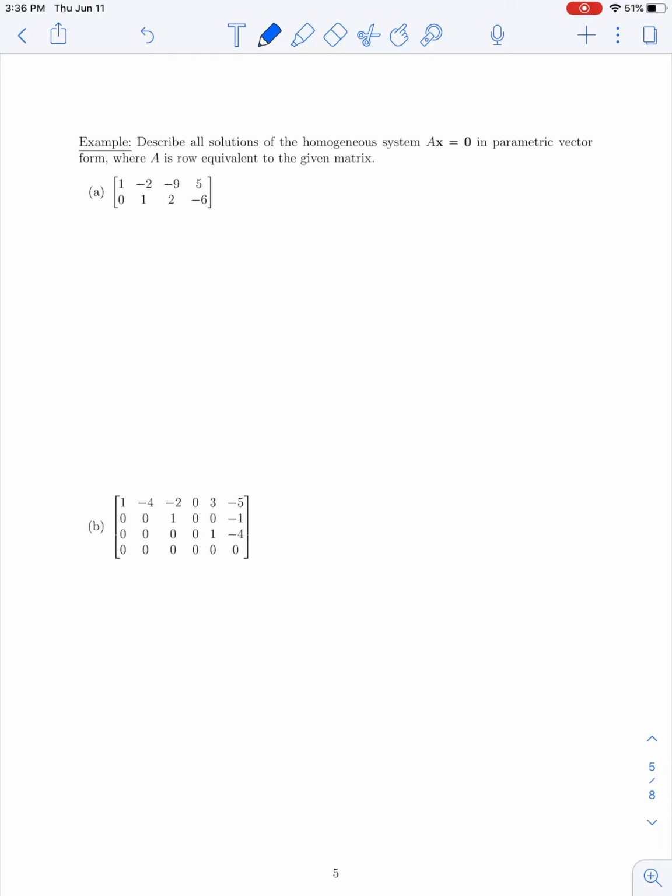Here, we are asked to describe all solutions of the homogeneous system written in matrix equation form as A times X equals 0, where A is row equivalent to the given matrix. So here, A is row equivalent to the matrix that we're given.